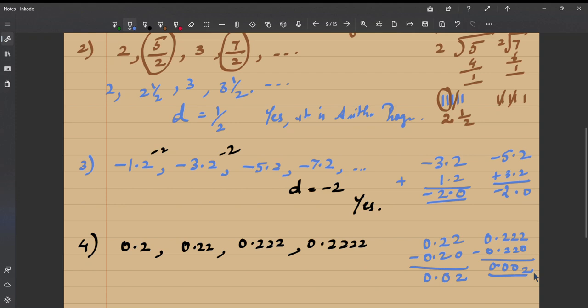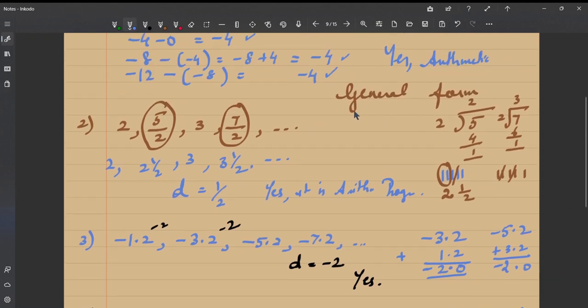So even if one term differs, we need not go and check the other terms. So we can safely conclude that no, this is not an arithmetic progression. This is not an arithmetic progression, right? I hope you followed, and in our next video, let us try to arrive at this general form. And I hope you understood till now. Thank you.